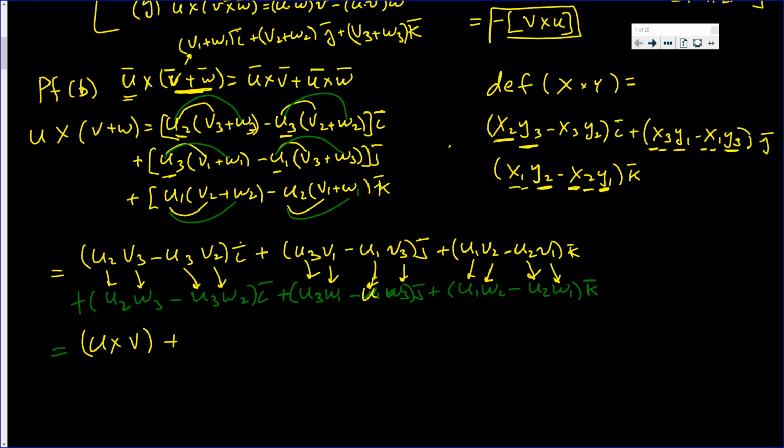All that changed was V became W. So what's in green, instead of U cross V, it'll be U cross W. And letter B is proven.